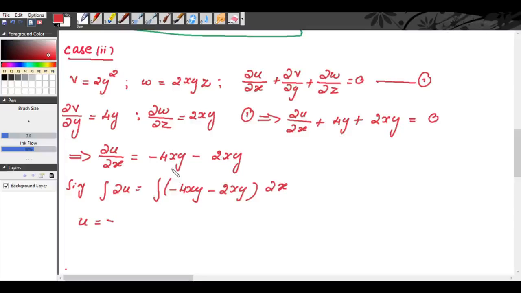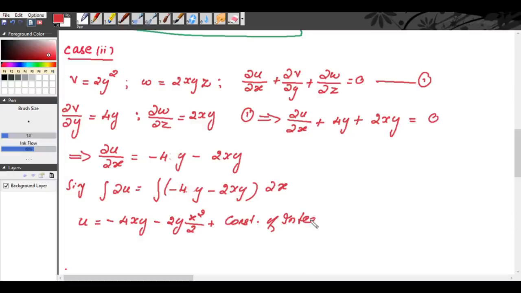This is not 4xy, this is 4y. Okay, now we get minus 4xy minus 2y into x square by 2 plus constant of integration.